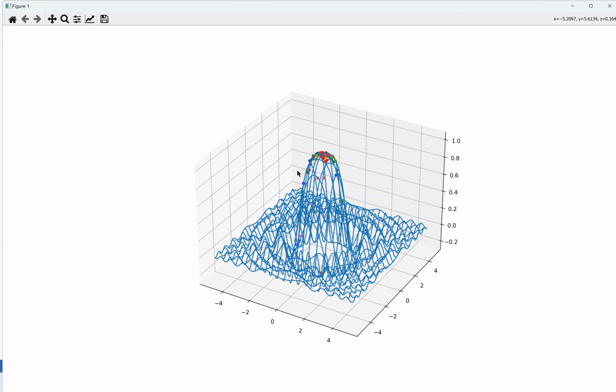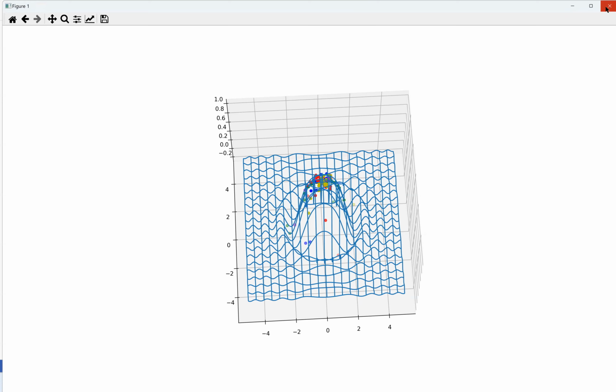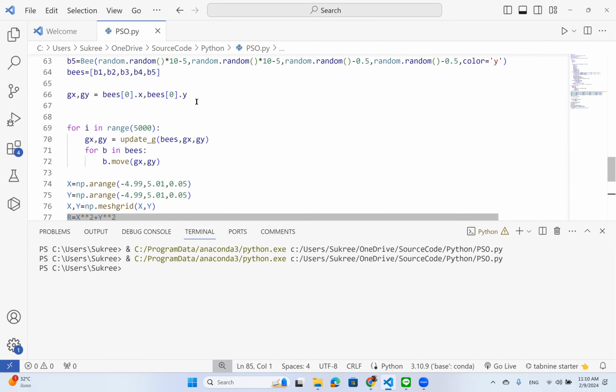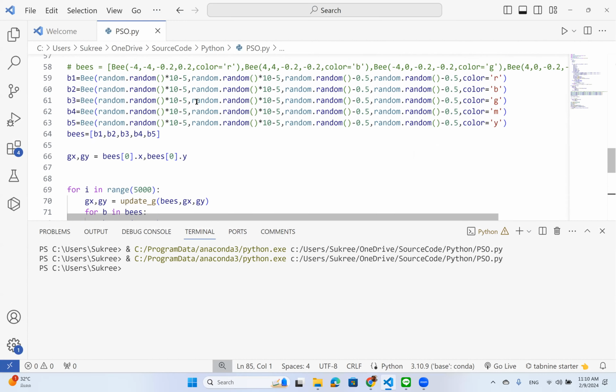So this one, you can see that all bees now are at the top of the mountain. I'll try to change some value first.